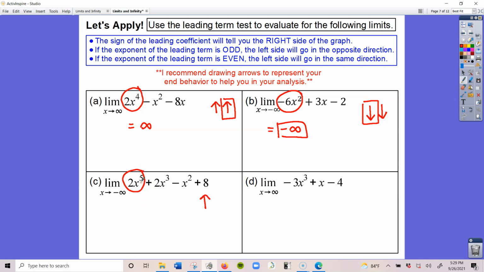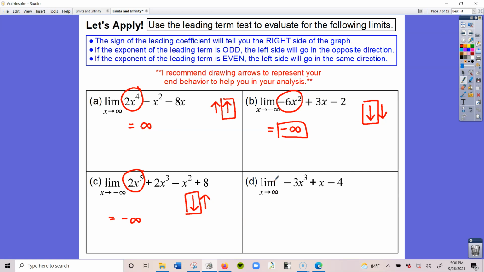And since the exponent is an odd number, that means that the left side is going to go in the opposite direction. Now, since this limit is for x approaching negative infinity, we are talking about the left side of the graph. And since my left arrow is pointing down, this limit is equal to negative infinity.